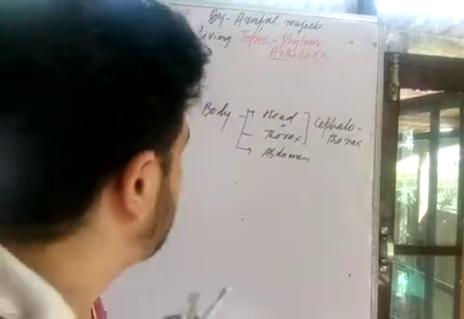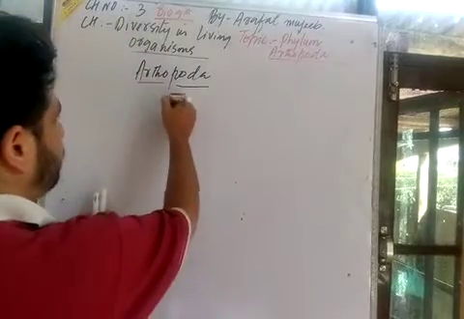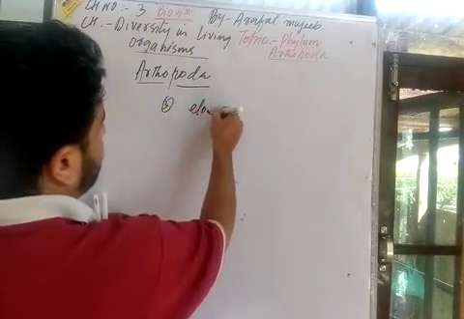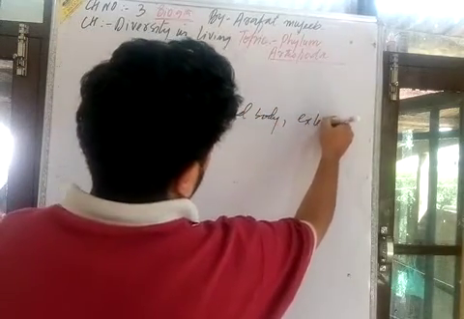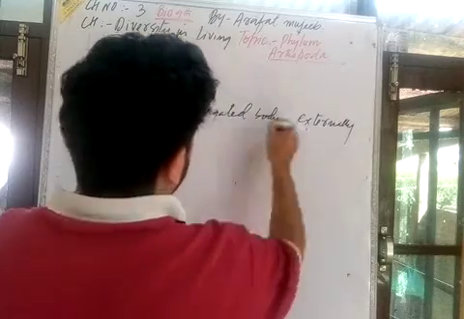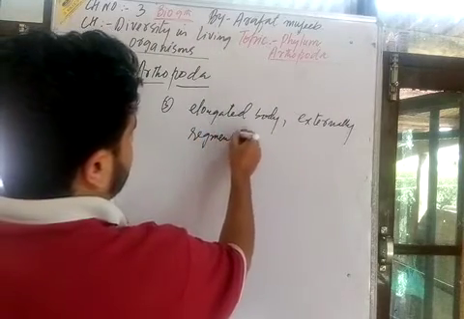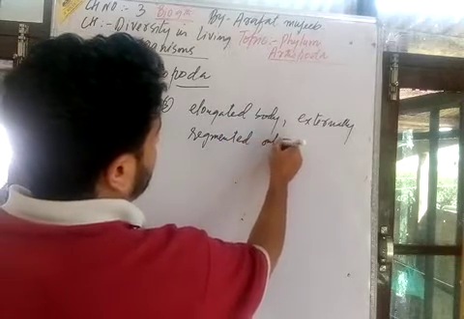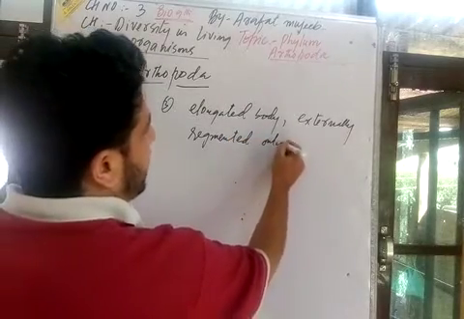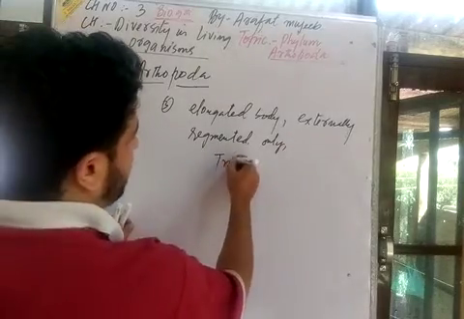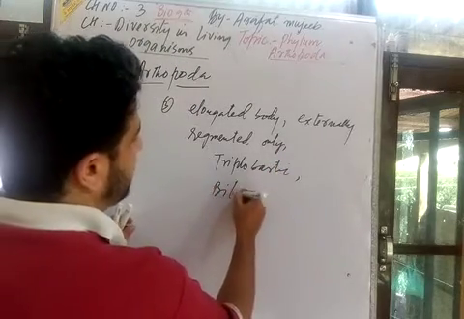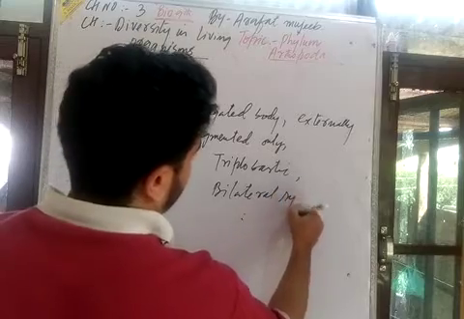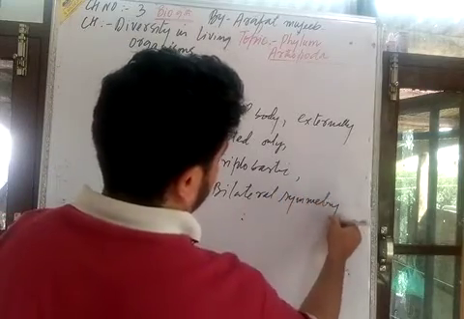Now if we talk about them, their body is elongated body, externally segmented only. They are not internally segmented, they are segmented externally, and they are triploblastic, and they have the bilateral symmetry. क्या कहा मैंने?